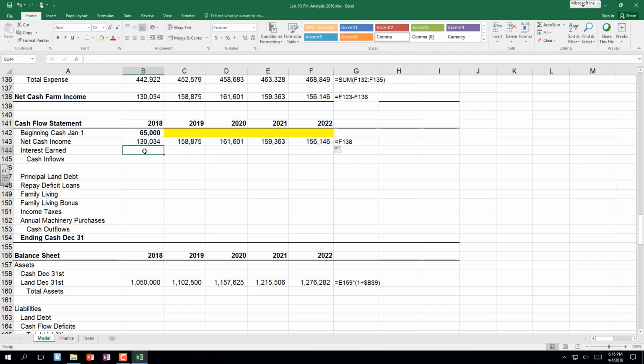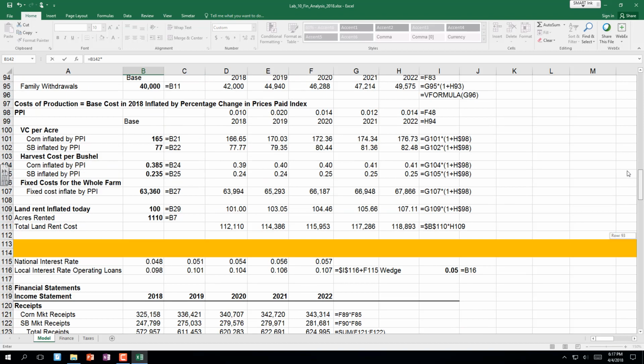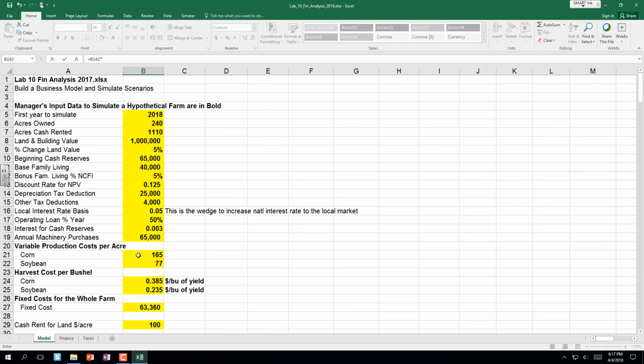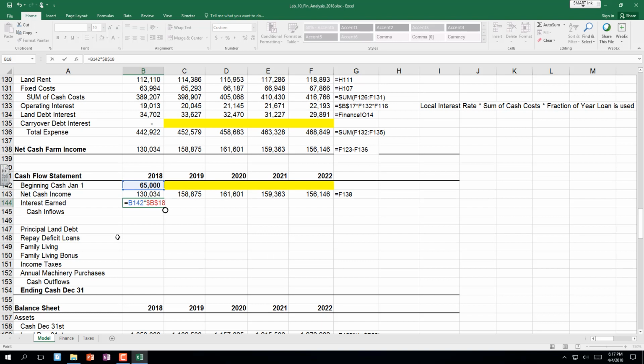I have interest earned. And that's equal to how much cash I have at the beginning of the year times my interest rate on savings. It's equal to that 65,000 times, and way up there we saw that interest rate a while ago. There it is. Interest on cash reserves is B18, and hit F4 and lock that in.